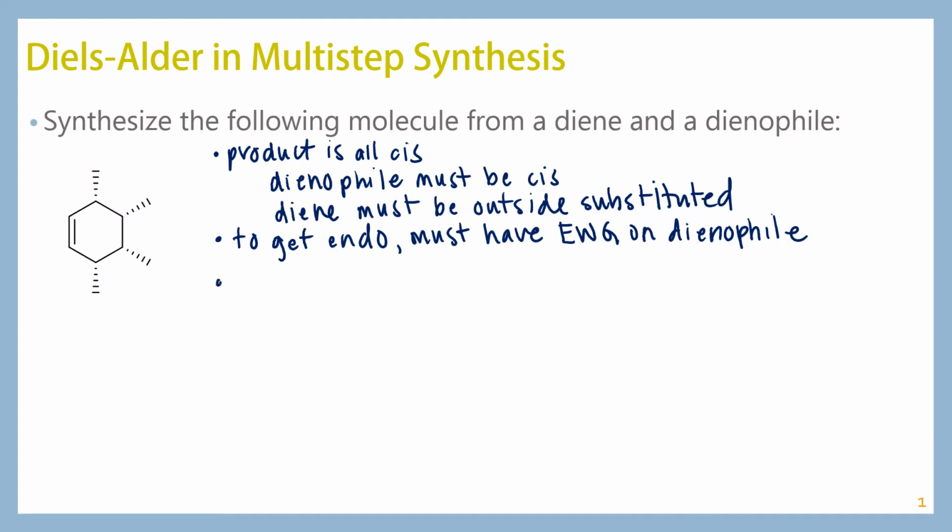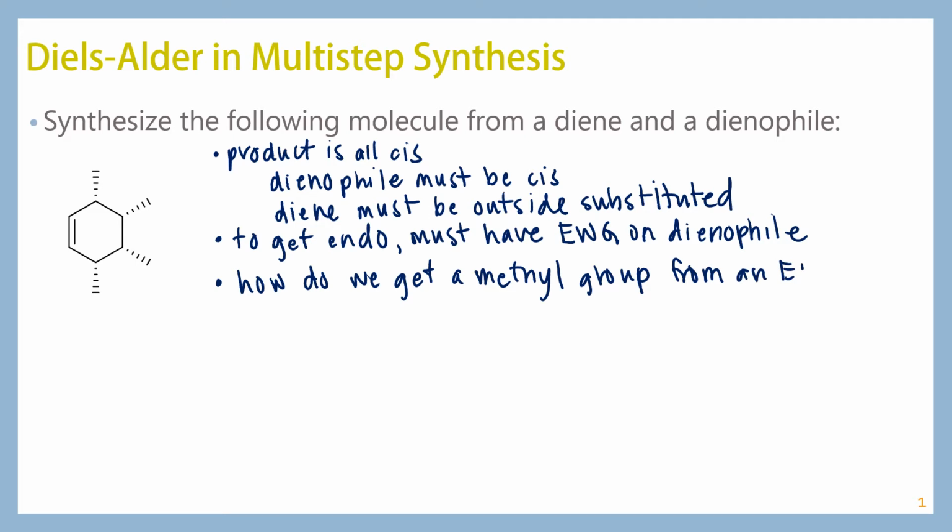So our last question here is really, how do we get a methyl group from an electron withdrawing group? And these are going to make up the non-Diels-Alder steps of this synthesis.